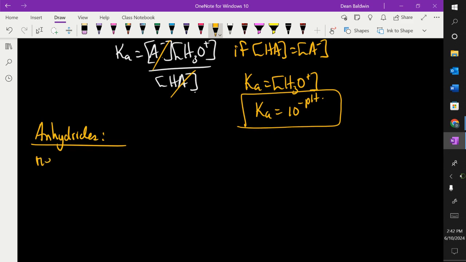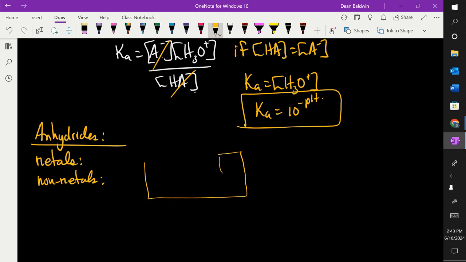There was metallic anhydrides, K2O. Metals and non-metals.